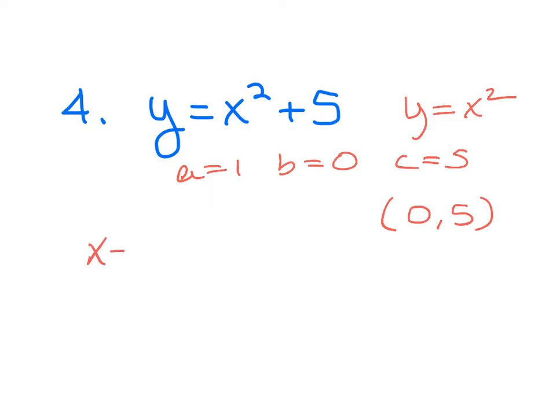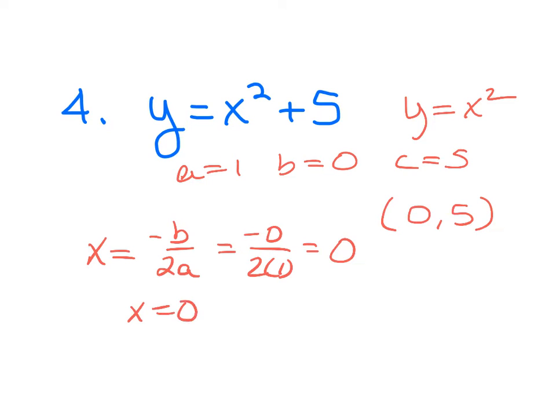If I go to find my vertex, remember it's negative B over 2 times A. So my B is 0. So I can already see that my y-intercept is going to be my vertex. So if I take that x equals 0, again, what you get when you plug in to the formula, this is your axis of symmetry. This is again the y-intercept.